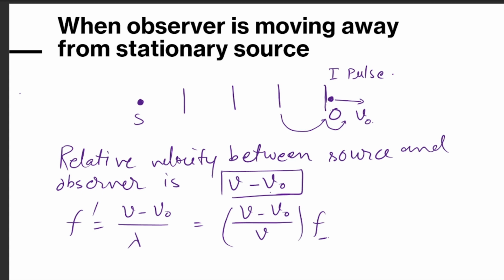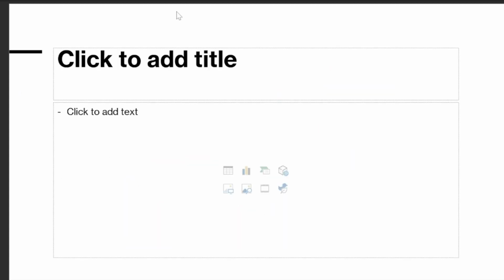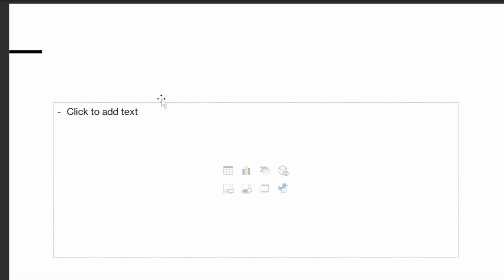And let me summarize those formulae in the next slide. So they are, first one, F dash is equal to F into V by V plus Vs. No, this is the formula for when the source is moving away from the observer.